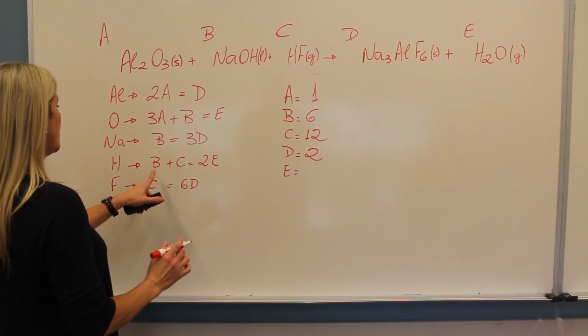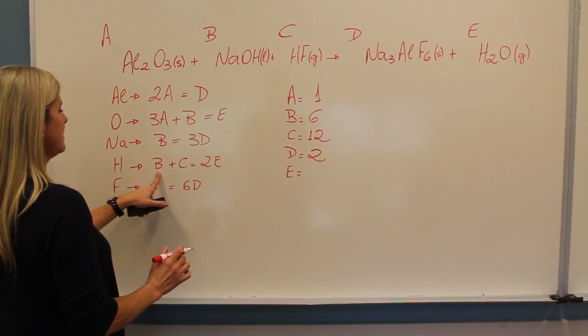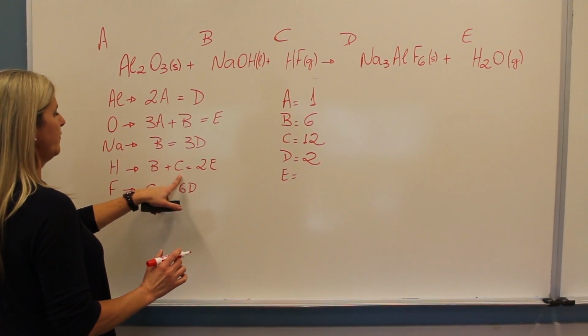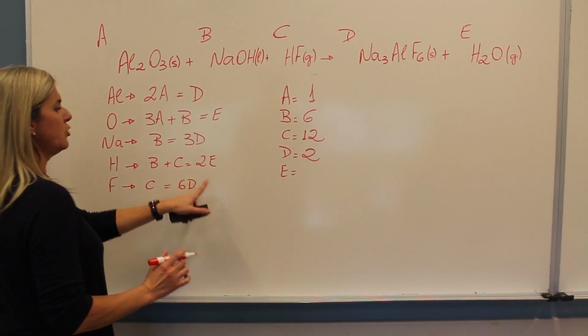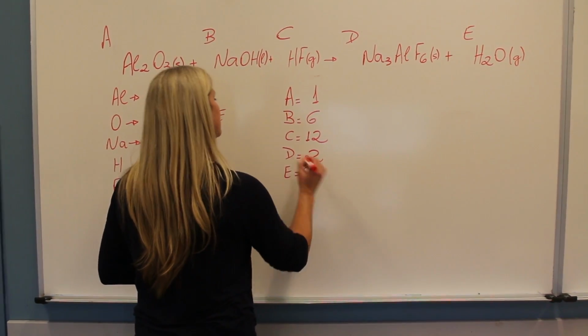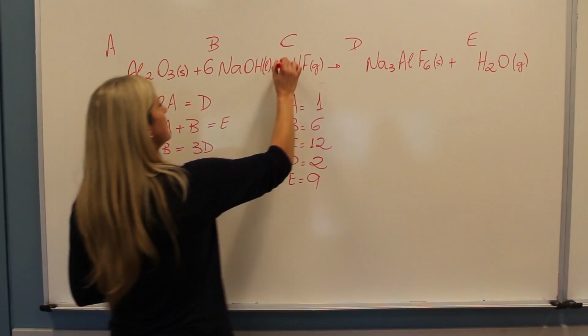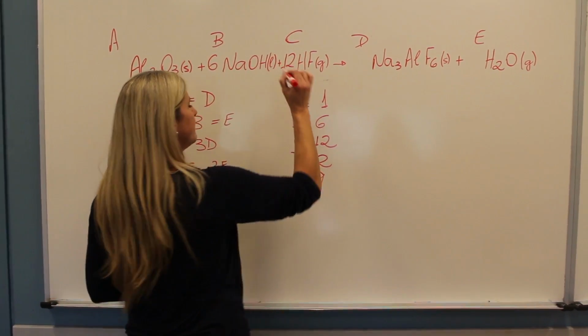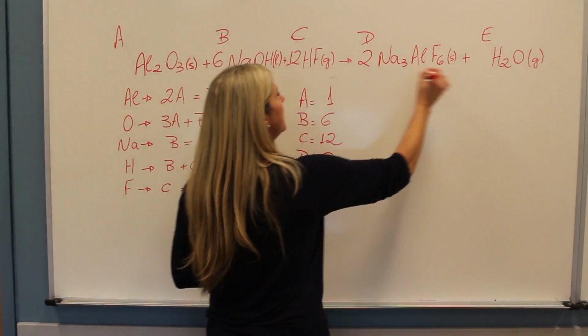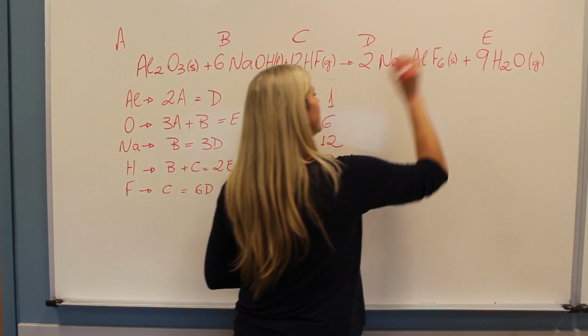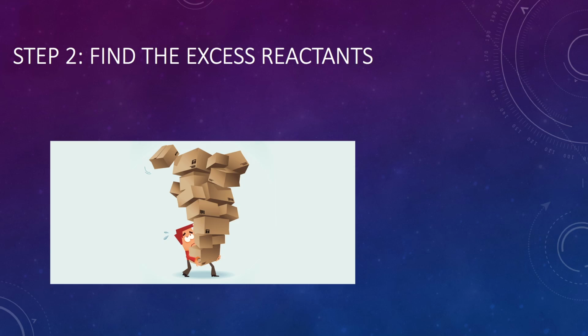And to solve for E, you have B 6 plus C 12, 18. Divide by 2, 9. Just plug in your results. B is going to be 6, C is going to be 12, and then 2, and 9. And you have your equation balanced.